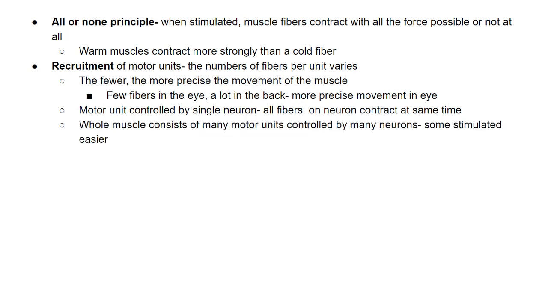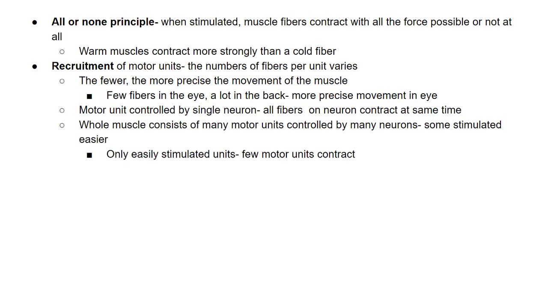So all of this is basically going over everything I just said there. It says the whole muscle is consisted of many motor units controlled by many neurons. So basically what our body will do as we recruit is we will recruit the smaller ones first. A smaller motor unit would be a neuron connected to just a few muscle fibers. And then the more force we need, we'll recruit those larger ones and larger ones and larger ones.